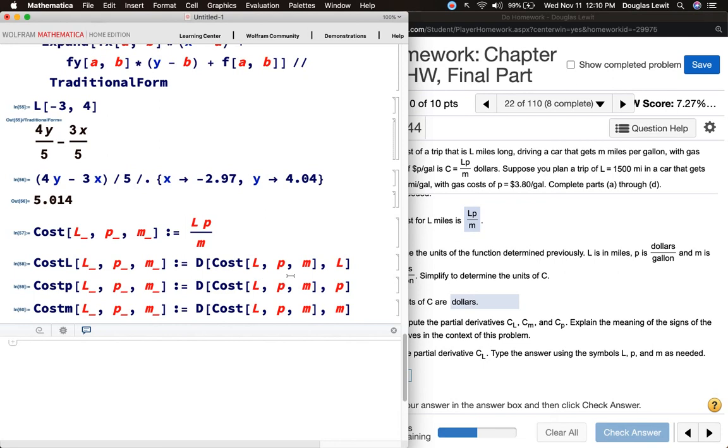Remember, we're going to get back symbolic values rather than numbers, and we do have to keep that in mind.